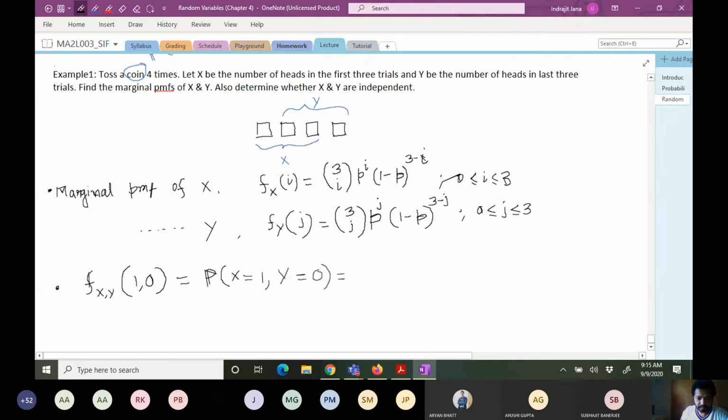This can happen only if you see this pattern, which is the probability that you first get a head and then all tails.